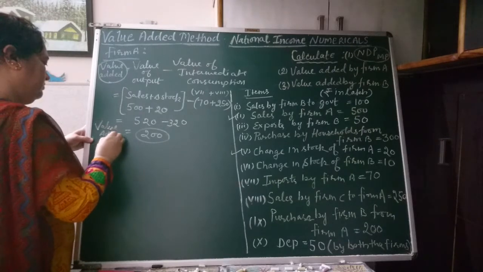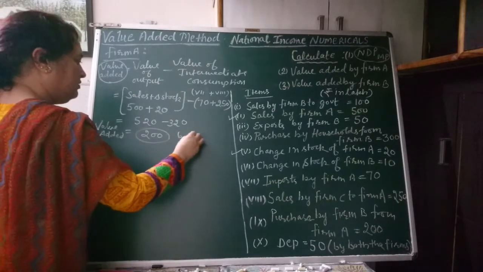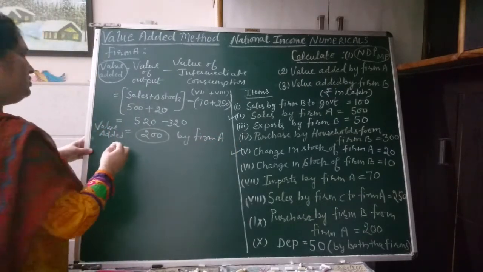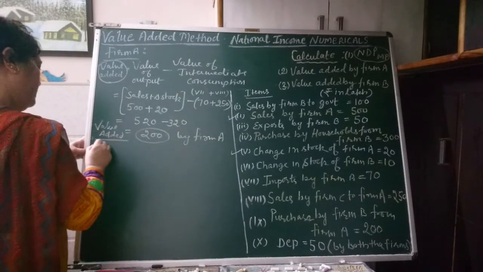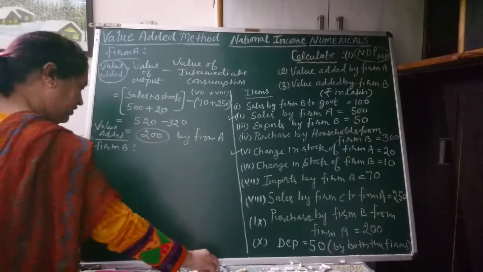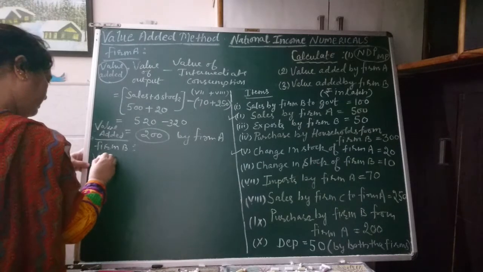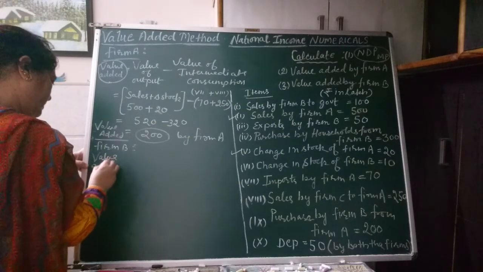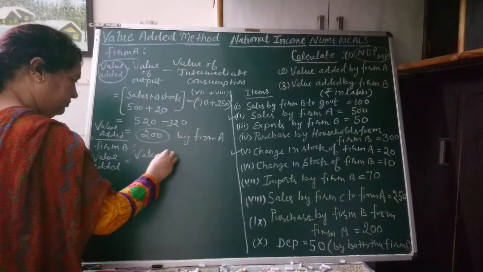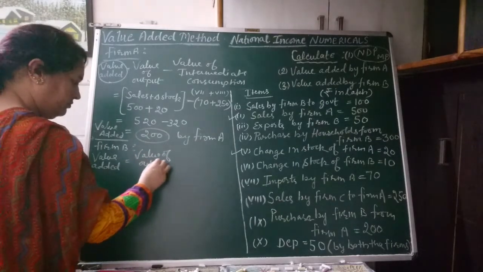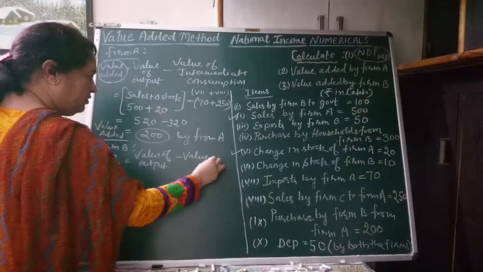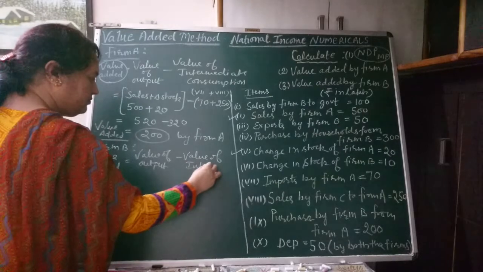Value added by firm A. Next we have to calculate value addition by firm B. So for firm B, similarly, value added is equal to value of output minus value of intermediate consumption.